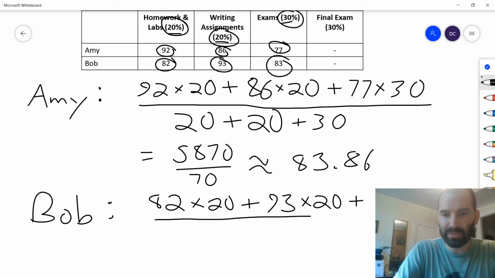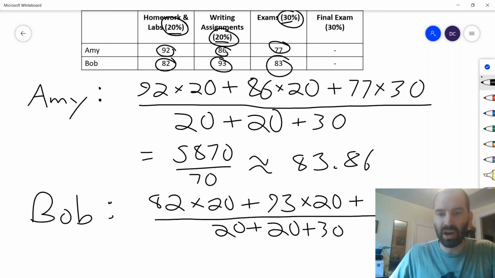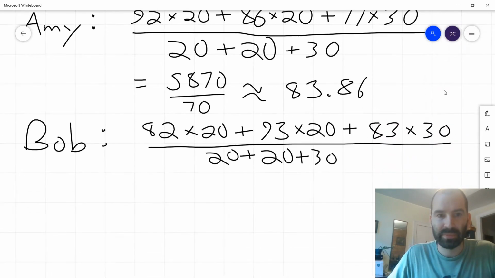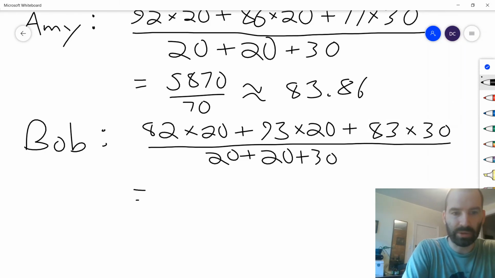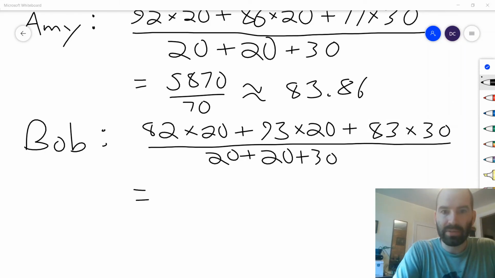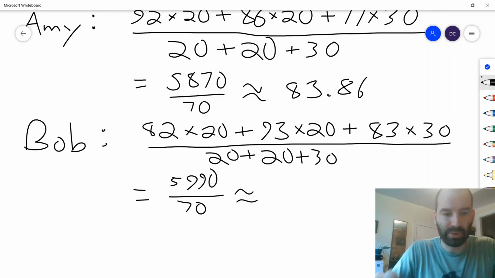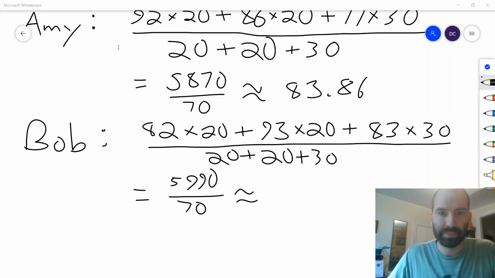And then we divide by 20 plus 20 plus 30, the sum of the weights. Okay, this is equal to 5,990 divided by 70, which is approximately equal to 85.57.